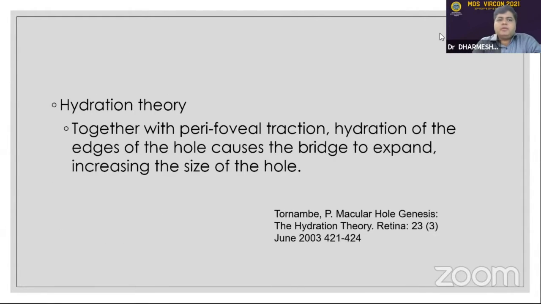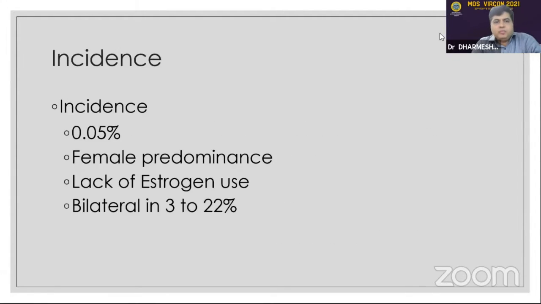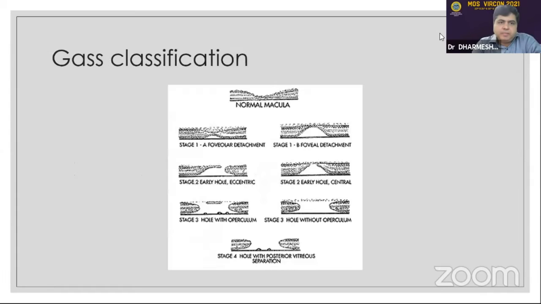One more, the hydration theory, was proposed by Tornambe, and he says the perifoveal traction with the hydration of the edges of the macular hole causes the breach to expand more and increase the size of the hole. Now, incidence is 0.05%, more in females. Lack of estrogen is being suggested, and it is bilateral in 3 to 22% of the cases.